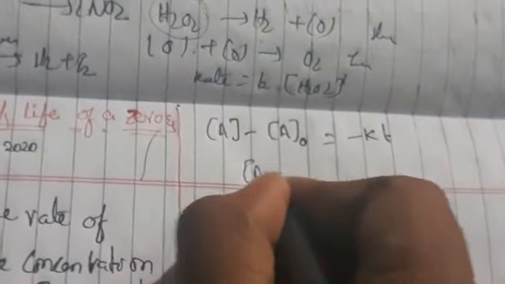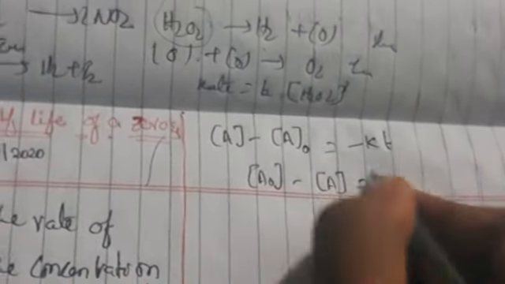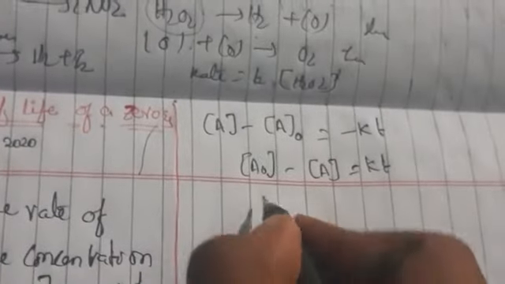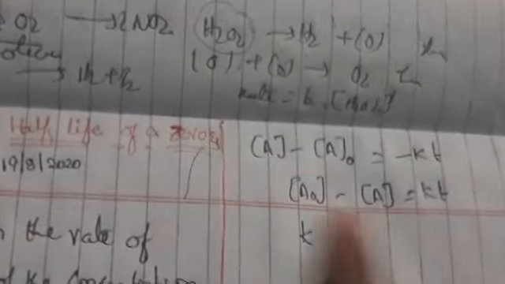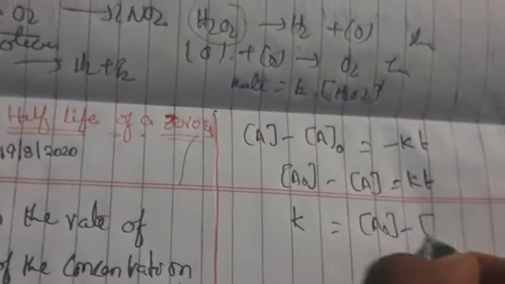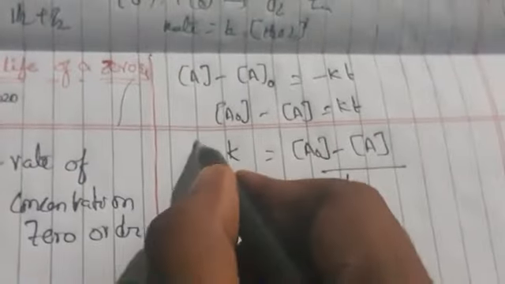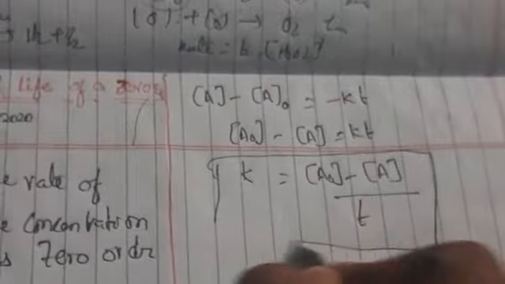The minus goes to the other side, so you will be getting [A] naught minus [A] equals Kt. We have to find the rate constant here, so K equals ([A] naught minus [A]) by t. This is the integrated rate equation for the zero order reaction.